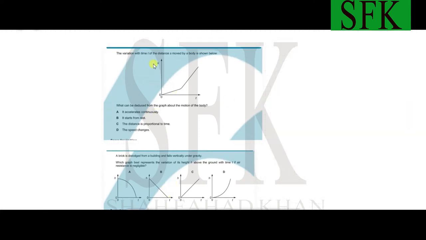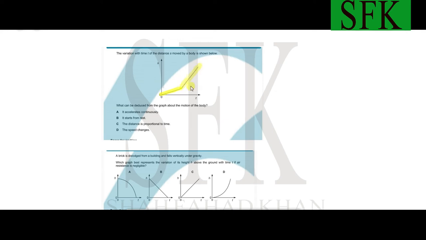The variation with time t of the distance moved by a body is shown. Okay, so this is basically a distance time graph. What can be deduced from the graph about the motion of the body? If we look carefully, at first the gradient was a bit less as compared to the next part of the journey.